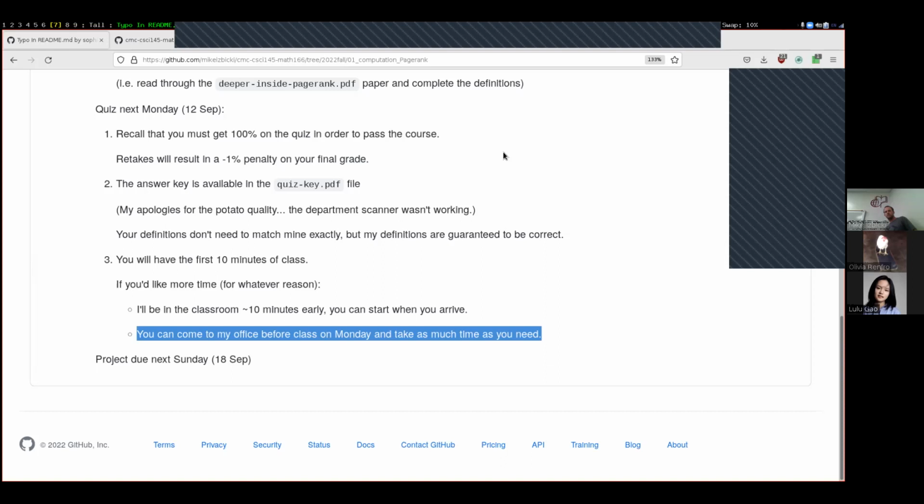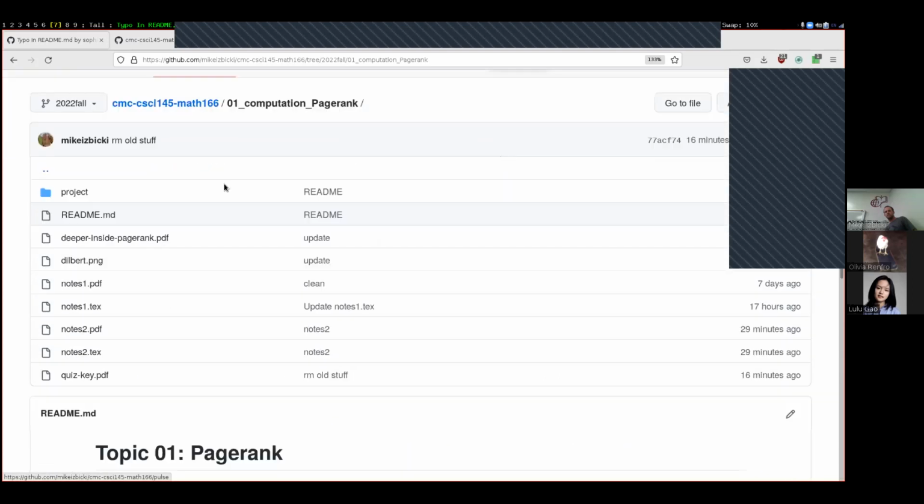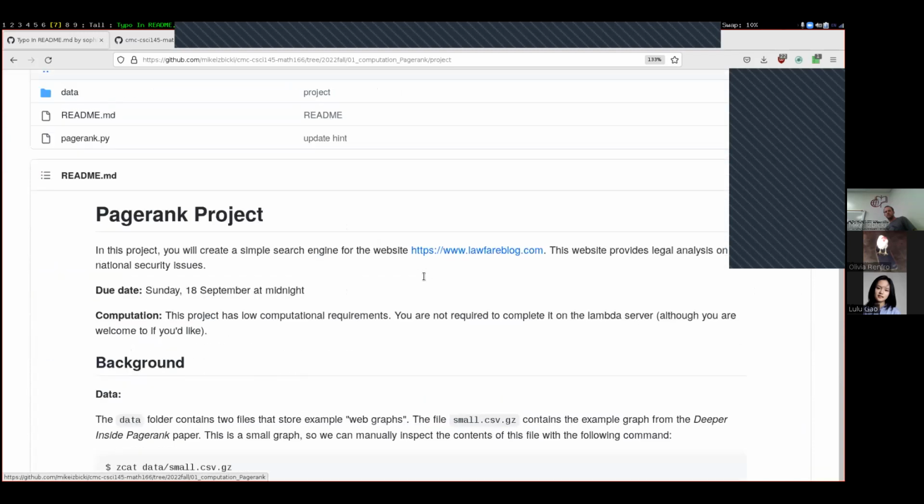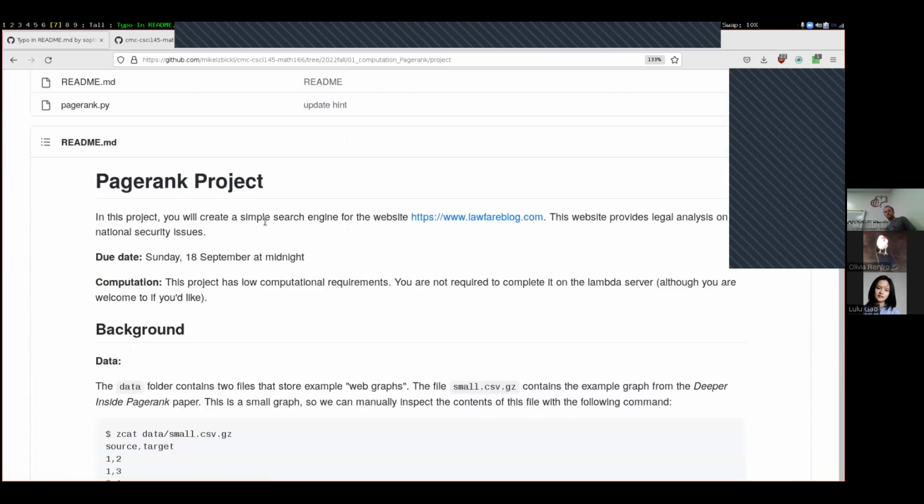Then one last announcement, homework-wise, is your project for PageRank has been posted. It's in this folder right here inside of the 01 computation PageRank folder. If we click it, then we get to the instructions for your project. At a high level, the idea is you're going to create a simple search engine that handles ranking of documents for you.